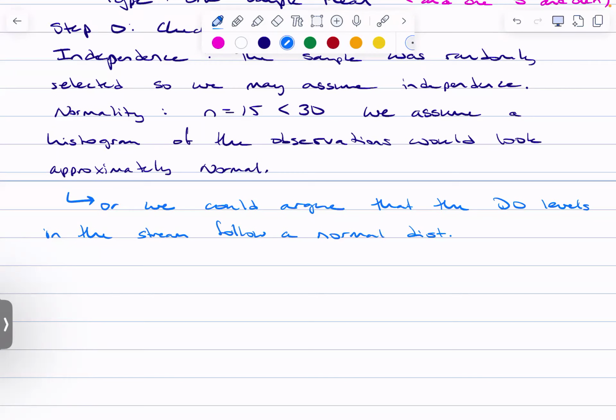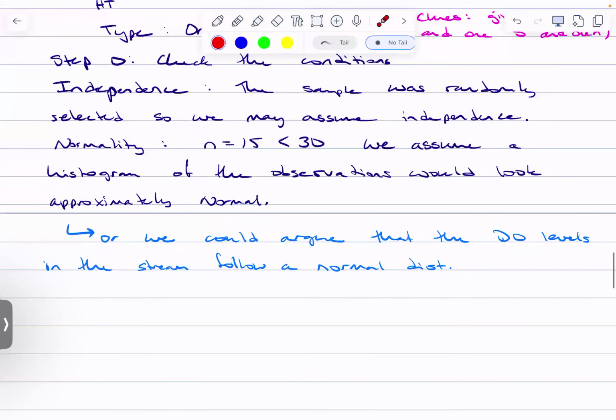If I'm pulling from a normal distribution and I pull a mini version of it, I expect it to also look normal. And so we're kind of using that in reverse when we make a histogram and check that it looks normal, then we can assume it came from a normal distribution. Ultimately, we're saying the population follows a normal distribution, and so we can go ahead.